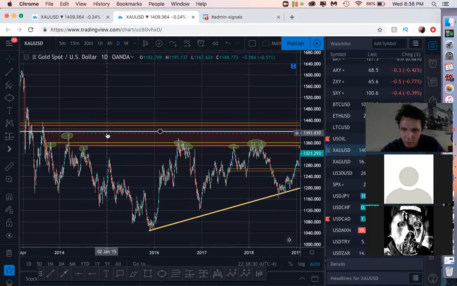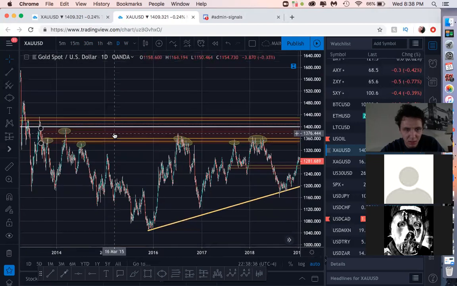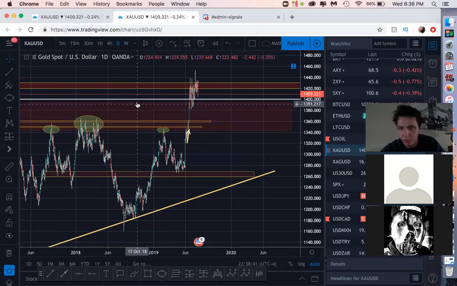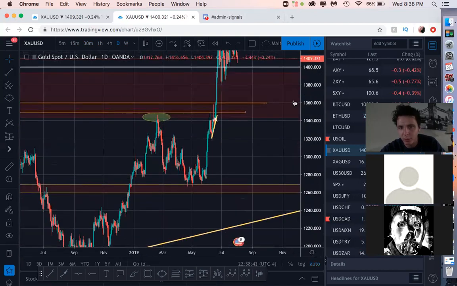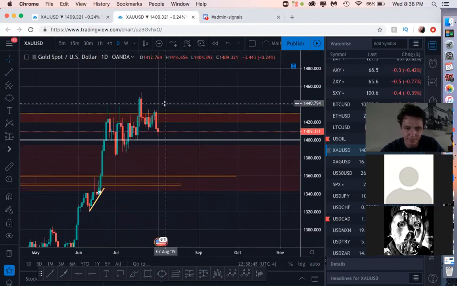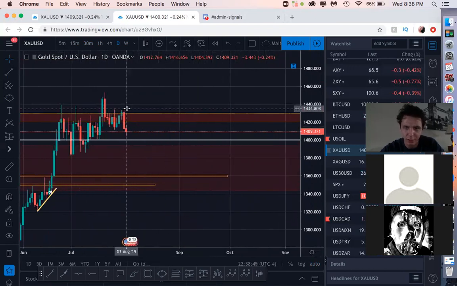What's this? 1390, 94, 95? No. Maybe off that area. Not too strong. But I'm going to hold strong with my 1400 as the retest area. We have this area of 1434.